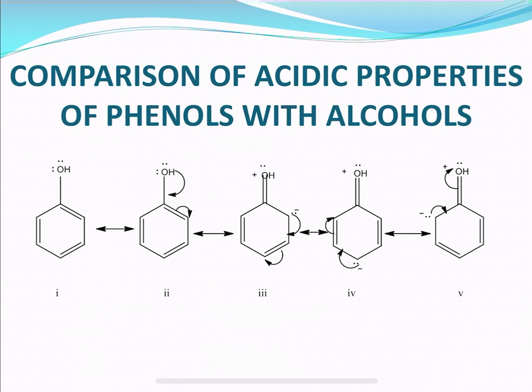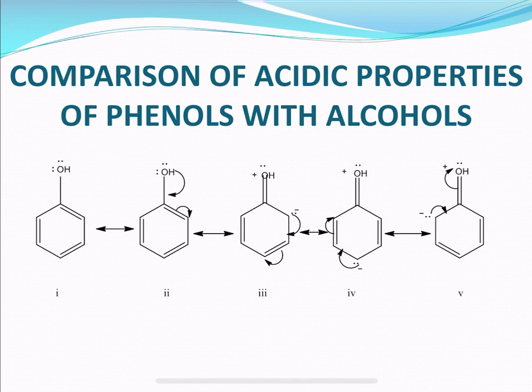Here I have taken only one single structure, representing the alcohol and alkoxide ion in each case. But the phenol and phenoxide ion are resonance hybrids of more than one structure, as we can see from structure 1 to 5.